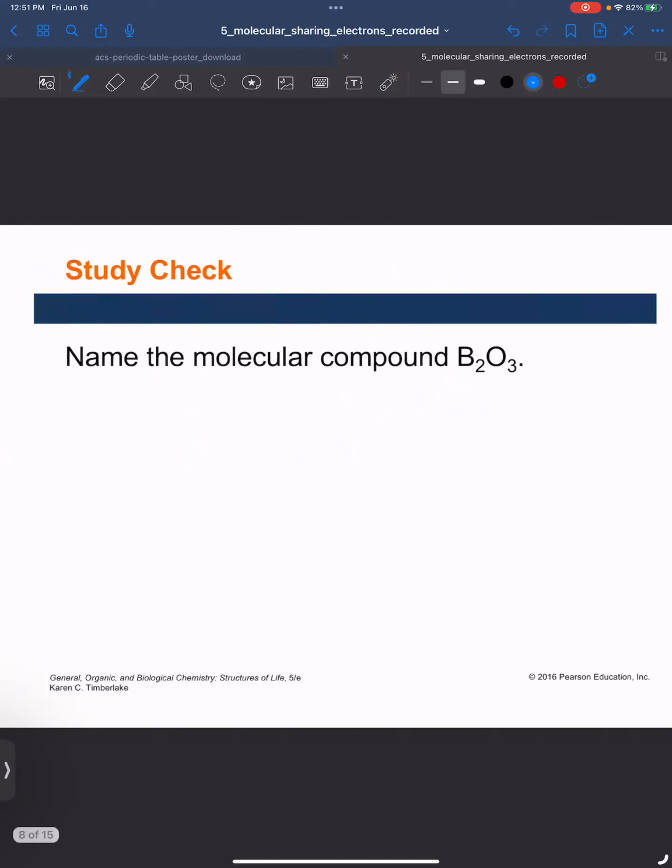All right, try this one on your own first and then check your work with me when you're done. All right, so we see here we have boron, that's a nonmetal, and oxygen, a nonmetal. So let's write boron, the full name here, and then oxygen, we need to convert it to oxide because it's the second element written.